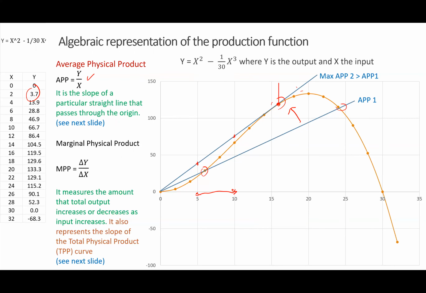So over here, stage one, we start with the inflection point and go to the point where APP equals MPP. And there we have an increasing, right? Increasing.